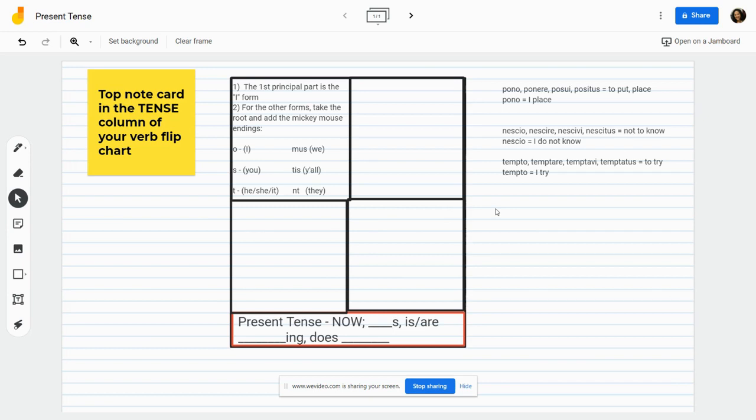Well, if you look at your verb flip chart, on the bottom half, this was homework a week ago, it tells you for each type of verb how to find the root.